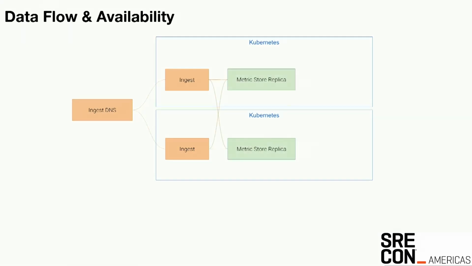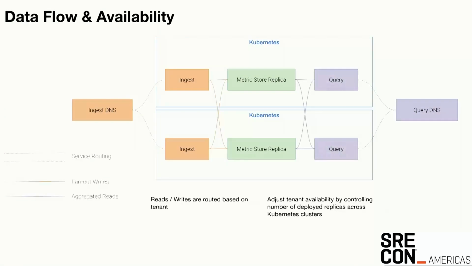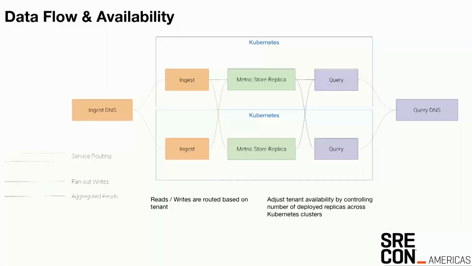The ingest node looks up the API server, knows what all the replicas are that it needs to write to, and then it does a fan-out write. Similarly, when there is a query that's coming in, it's the opposite. It goes into one of the query nodes in one of the Kubernetes clusters, and it figures out all the replicas that it needs to query from, query, dedupe, and then return the data.